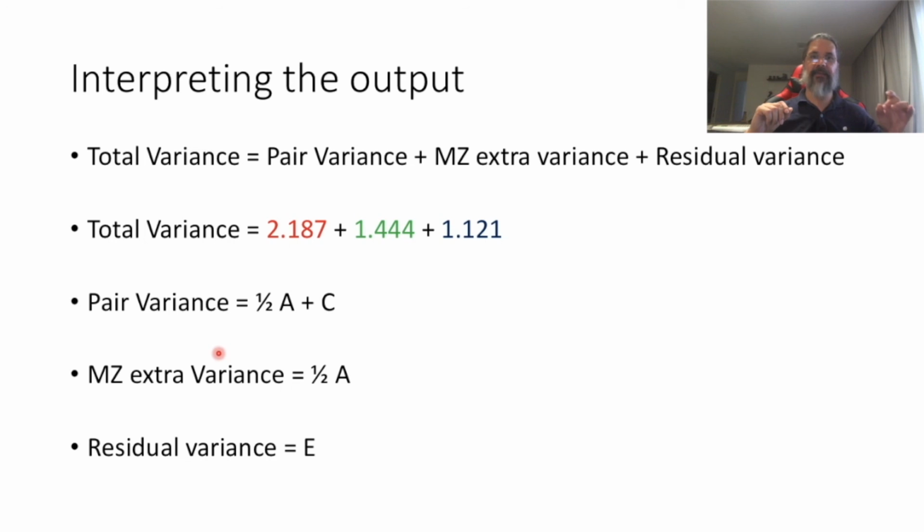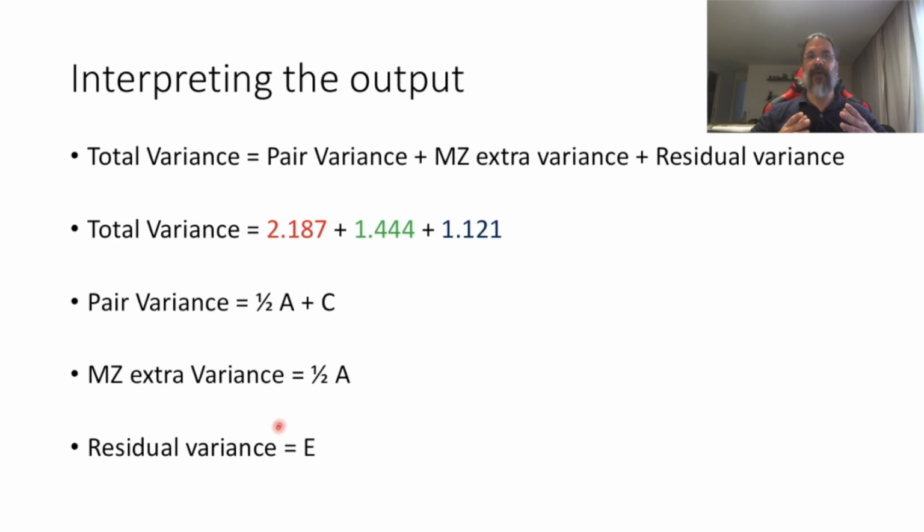This is the extra monozygotic variance, the monozygotic covariance minus the dizygotic covariance. Since monozygotic twins are expected to have double the genetic similarity when compared to dizygotic, we can expect this value to be half of this effect. So it's half of the additive effect.